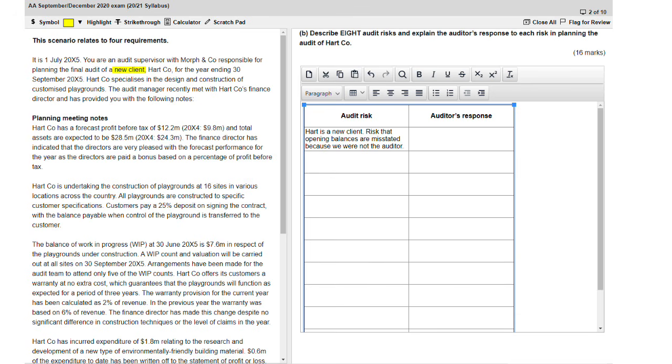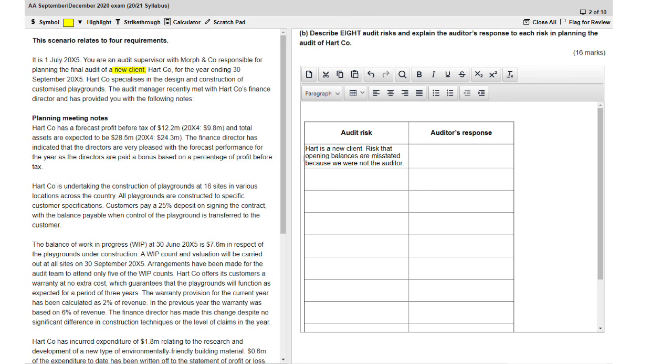We're coming across now to try and solve that on the other side. If you're drying up, you can't think quite how to solve it at the moment, you could always leave it blank and do it a bit later. But in respect of that, I think a very easy one, if it was audited by someone else last year, is to have a look at their working papers. If not, if it wasn't audited by anyone, then we would have to do more audit procedures on the opening balances.